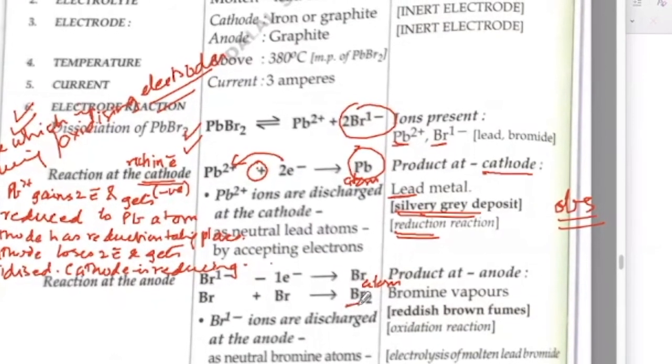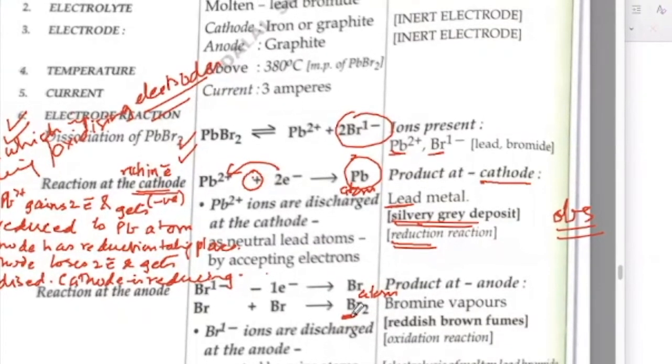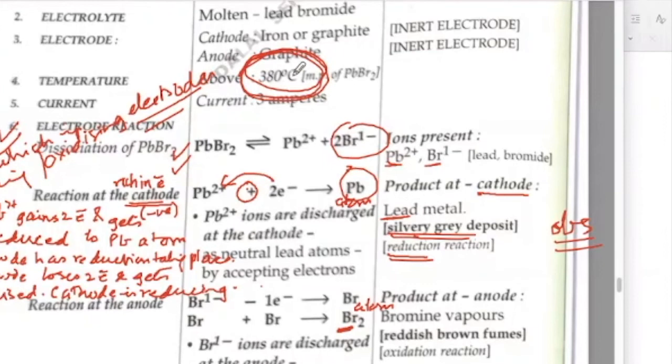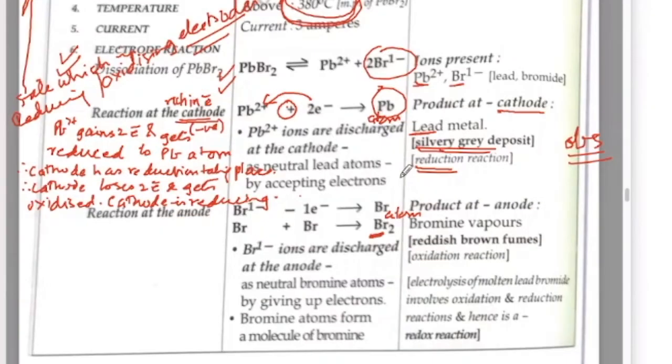Now bromine at normal temperature is liquid. But what is the temperature here? 380 degrees. So at 380 degrees, there will be bromine vapors and they will be reddish brown fumes. Okay, and that is again an observation, OBS. Now here, what is happening?